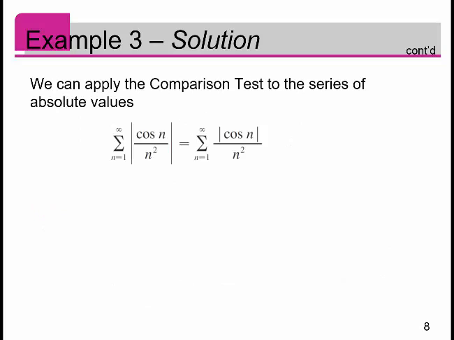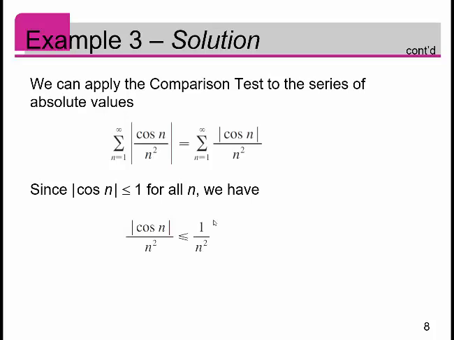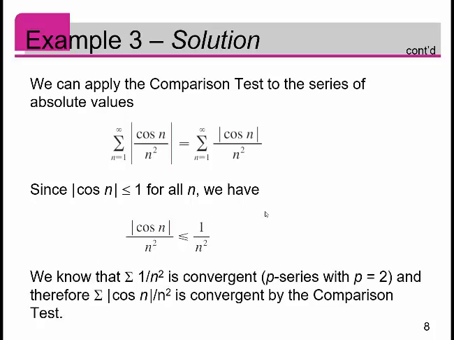So we can apply the comparison test to the series of absolute values. If you take the absolute value, you don't need to worry about the squared because it's always positive. So you get the summation from n equals 1 to infinity of the absolute value of cosine of n over n squared. Since the absolute value of cosine of n is less than or equal to 1 for all n, the absolute value of cosine of n divided by n squared is always less than or equal to 1 over n squared.